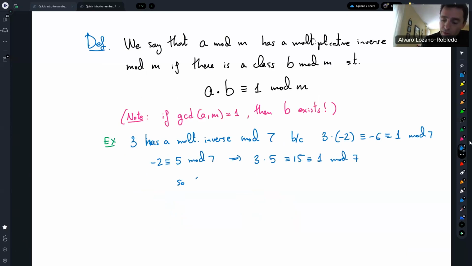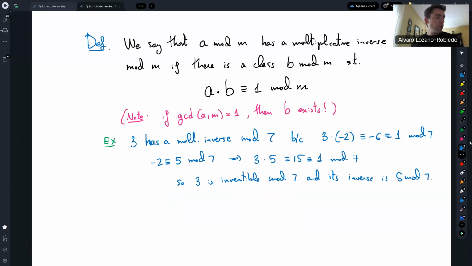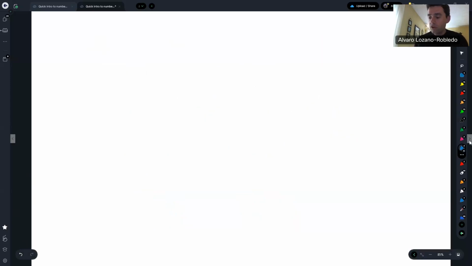So 3 is invertible mod 7, and its inverse is 5 mod 7. Okay, so we have multiplicative inverses, and we are going to give them a name.